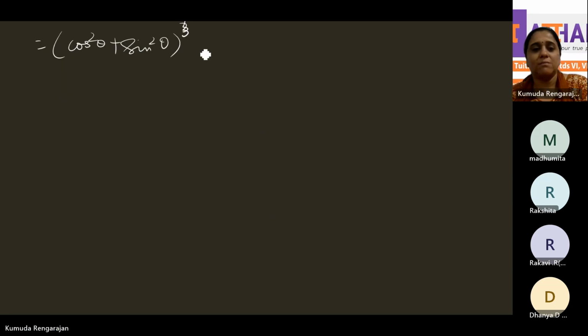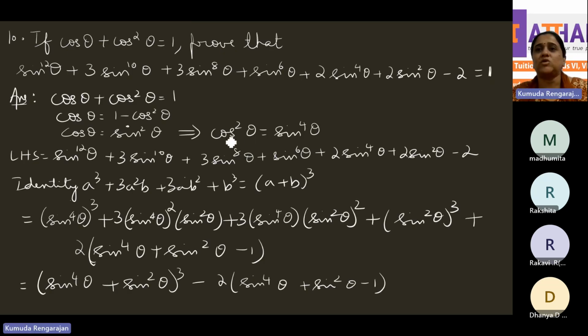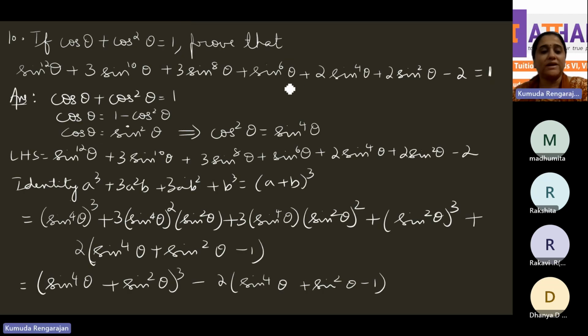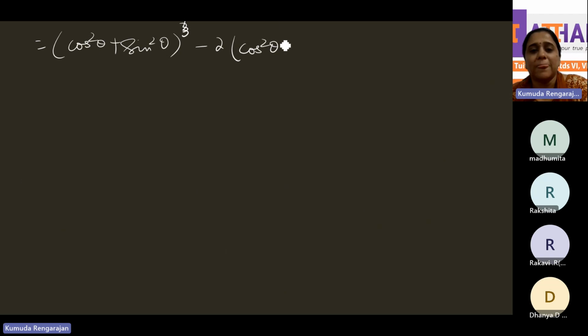Minus 2 into, this should be replaced with cos square theta. Don't write sine square theta as cos theta. Whatever you are not comfortable with, replace that. Let that plus sine square theta be there, because we know cos square theta plus sine square theta is 1.